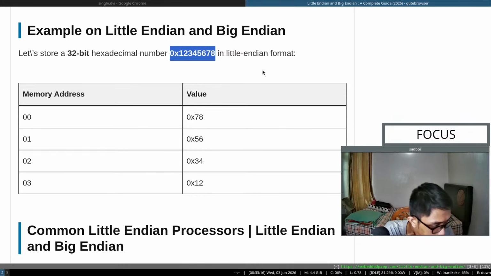Sometimes you have to deal with numbers bigger than 255, so you have to use more than one square to store that number. Okay.